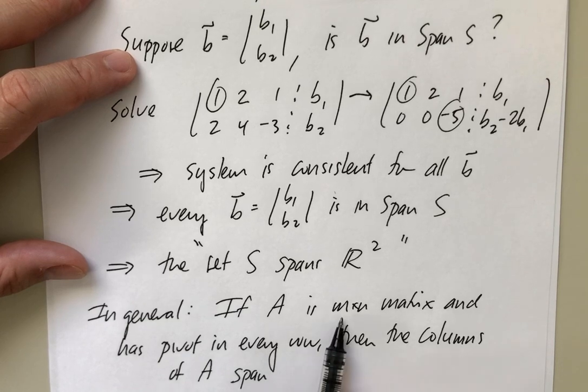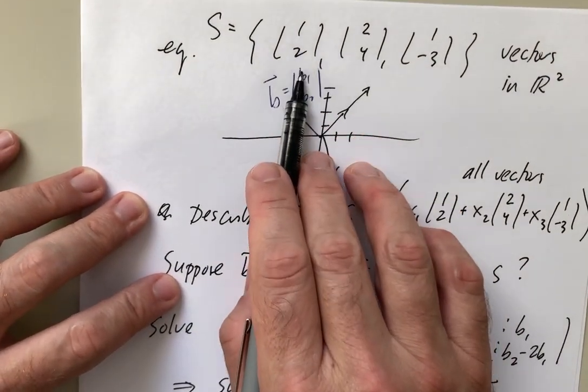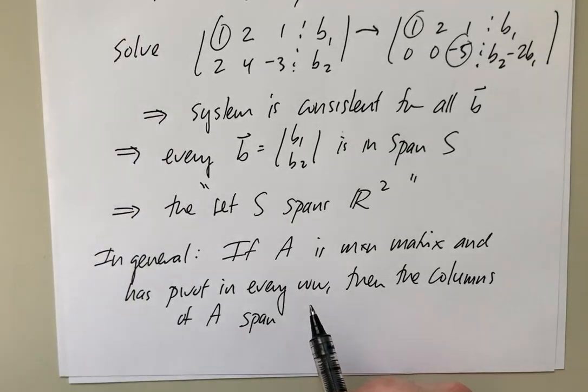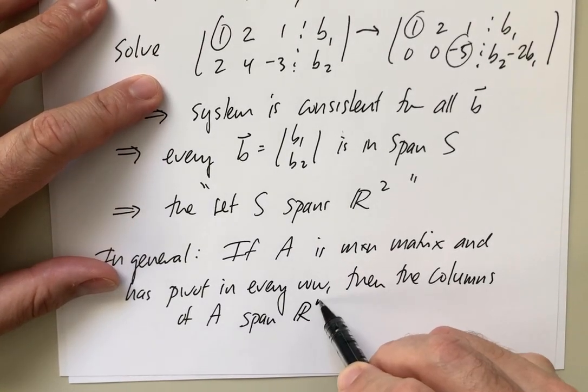And what is it going to be? Well, remember we have m rows, which means that each vector I'm looking at has m entries. So every vector with m entries will be in the span. In other words, the span will be Rm.